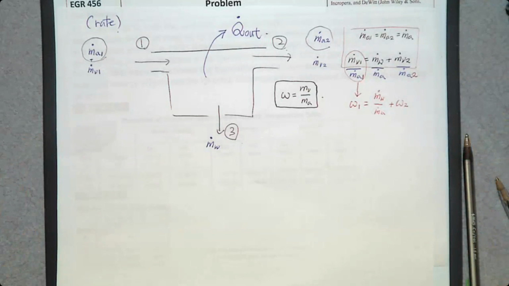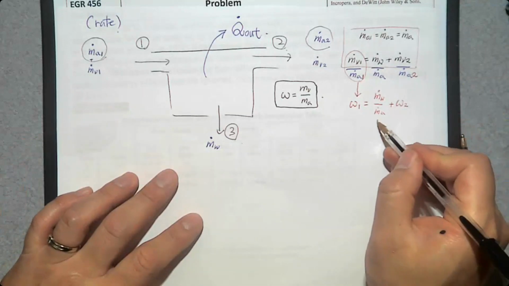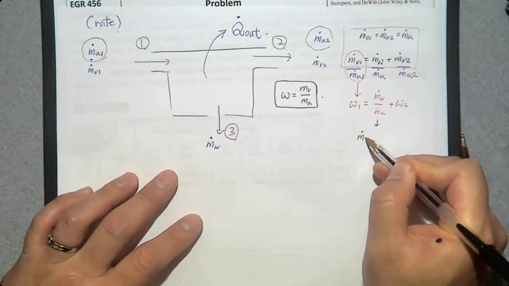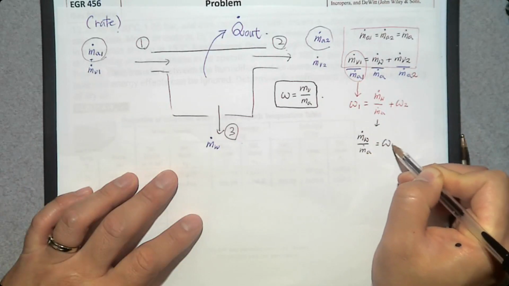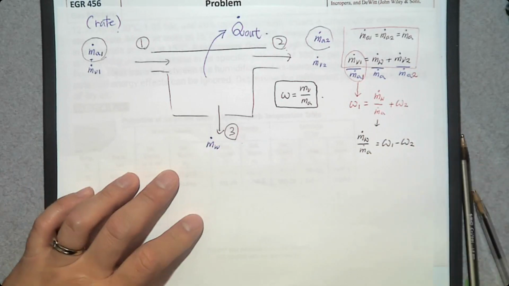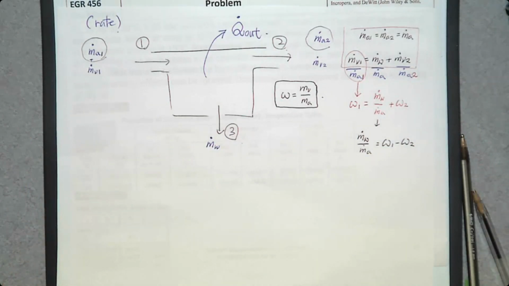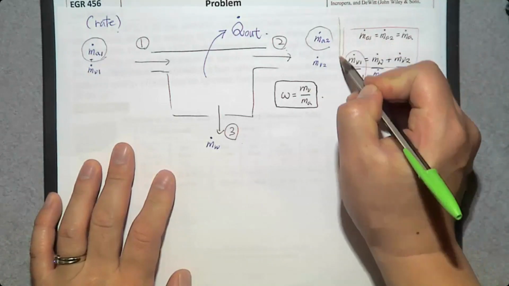Then this can be rewritten as m dot of W divided by m dot of A is omega 1 minus omega 2. So the difference between the humidity ratios is m dot of W per m dot of A. So if you want to determine the amount of condensate, we can use the humidity ratios between the inlet number 1 and number 2. So this is the conclusion from the mass balance.